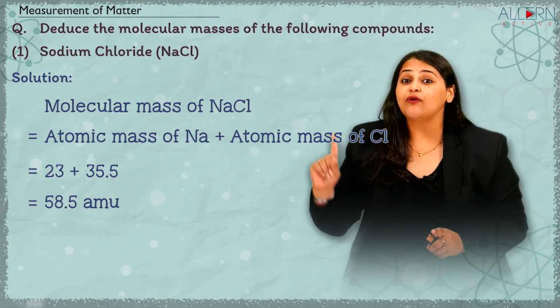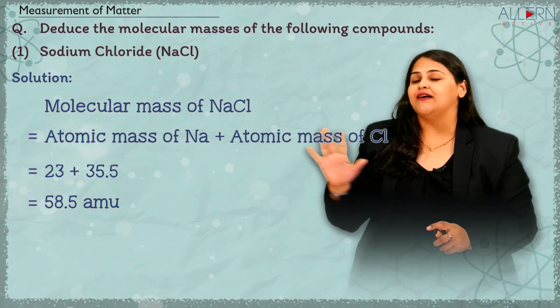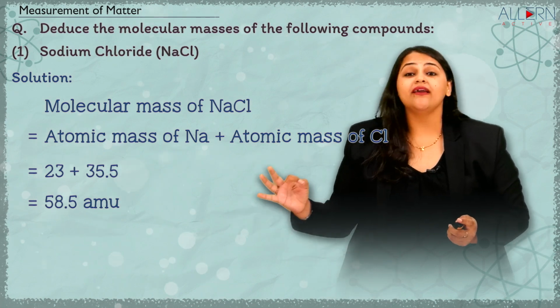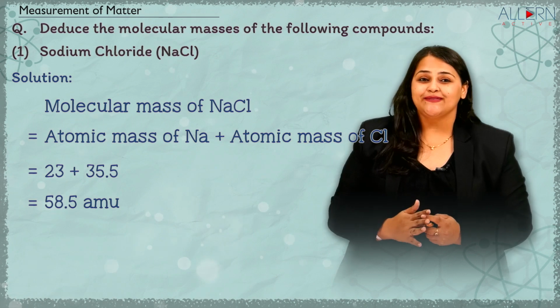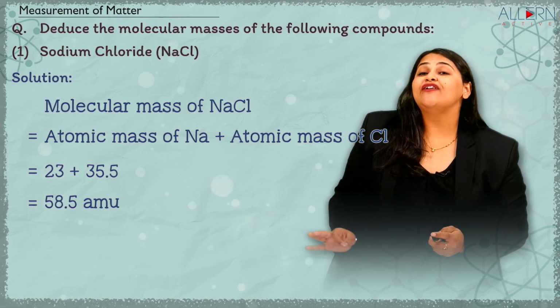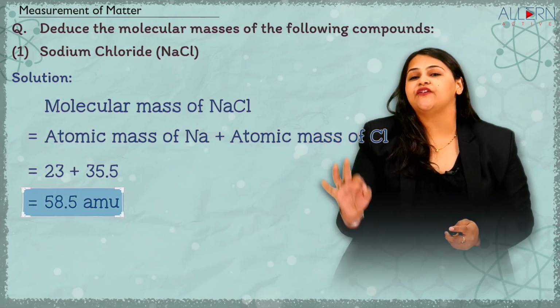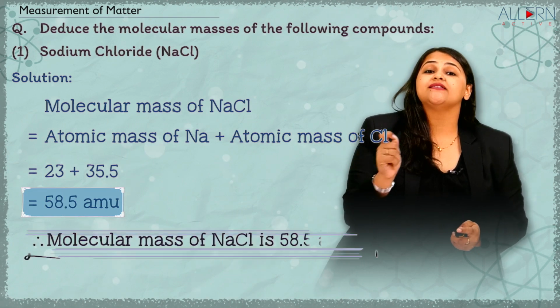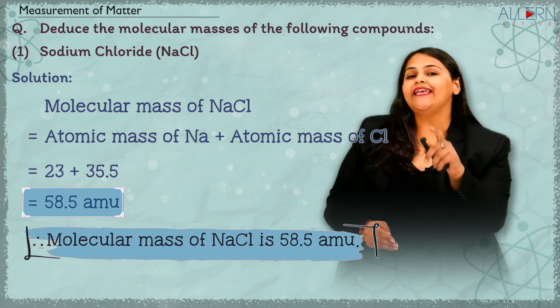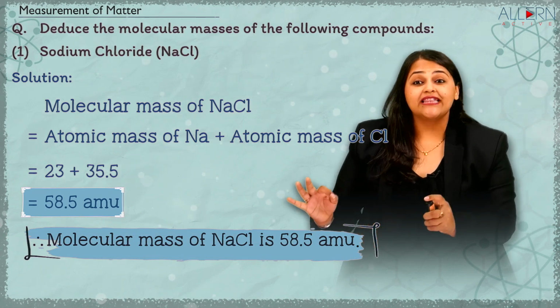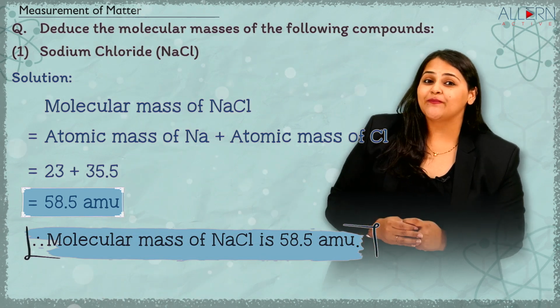You also have to write down the units of molecular mass, which is atomic mass units or Daltons. Alright? So we will write it down to be 58.5 atomic mass units or Daltons, which will be written as capital D and small a. So that's the molecular mass of NaCl.